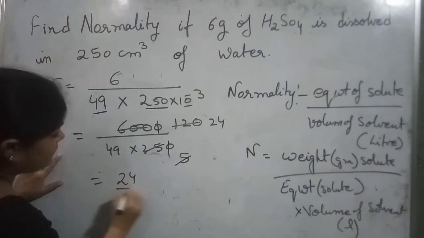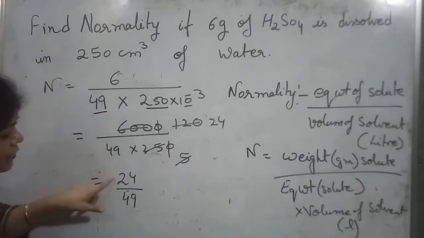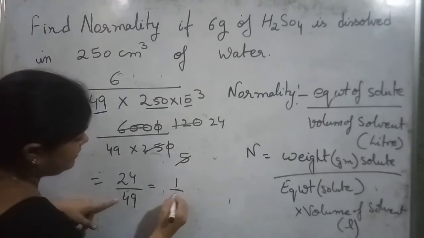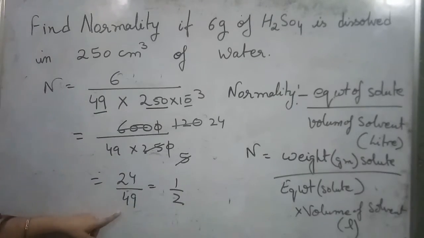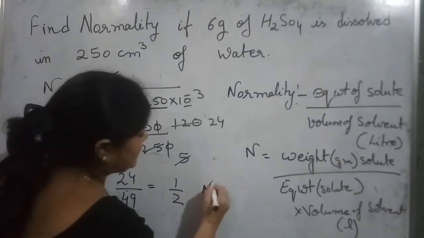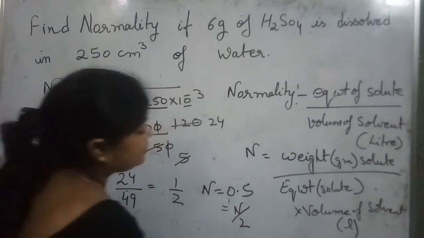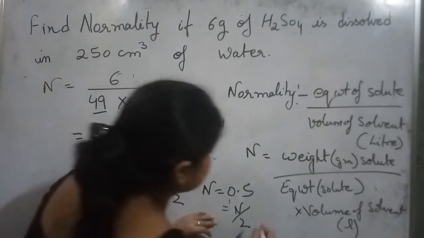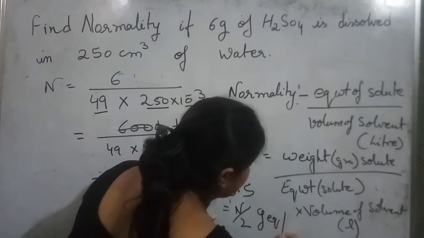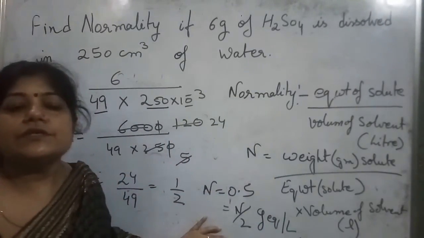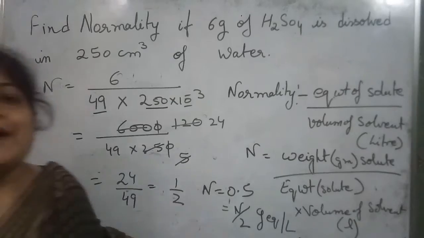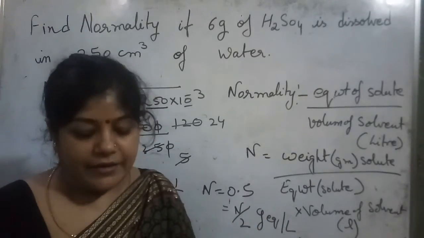Now 24 by 49 is approximately 0.5, or N by 2. Its unit is gram equivalent weight per liter. So in this way you can find the normality and the molarity.